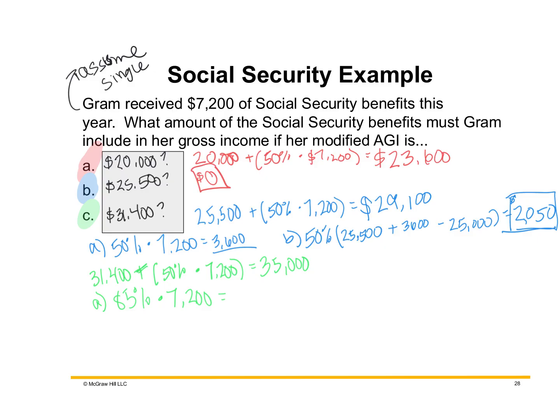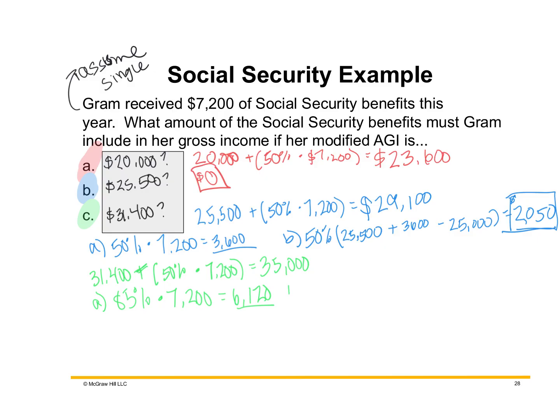I have to pull out my calculator again, 7,200 times 85%, and that gets us 6,120 as our option A.